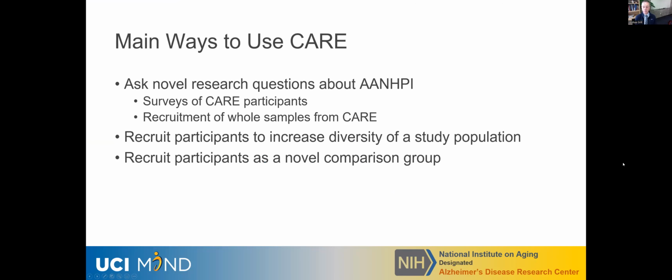Certainly, we hope that people will use the registry to increase the diversity and namely the inclusivity of Asian Americans and Pacific Islanders in their studies. And it's possible that you could recruit novel comparison groups for the purpose of testing hypotheses through CARE. But I'll also alert to some caveats around those ideas.